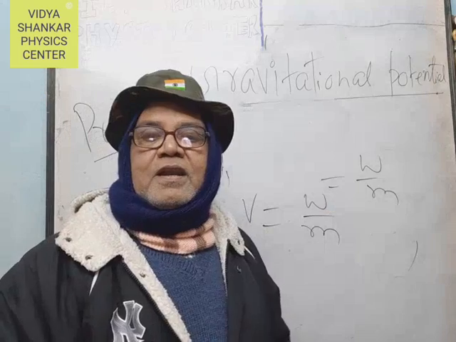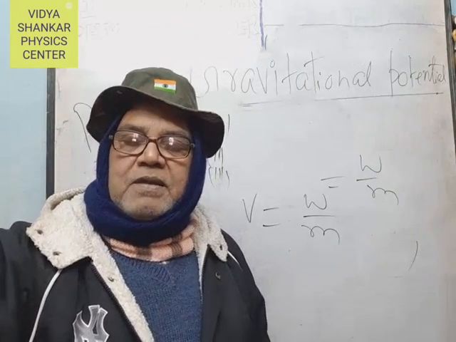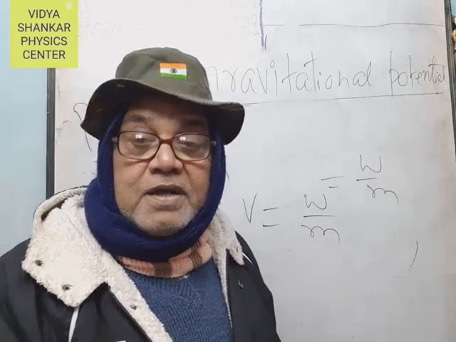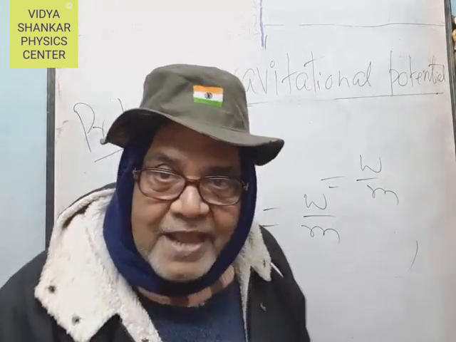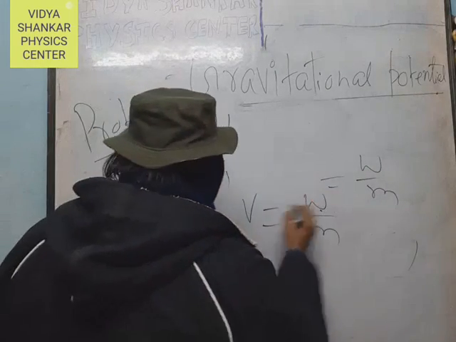Therefore, the work done in unit mass, W by M, that is the gravitational potential, W by M.